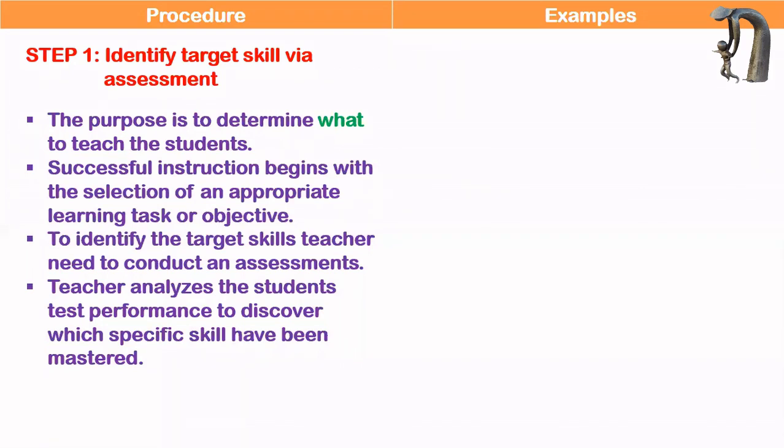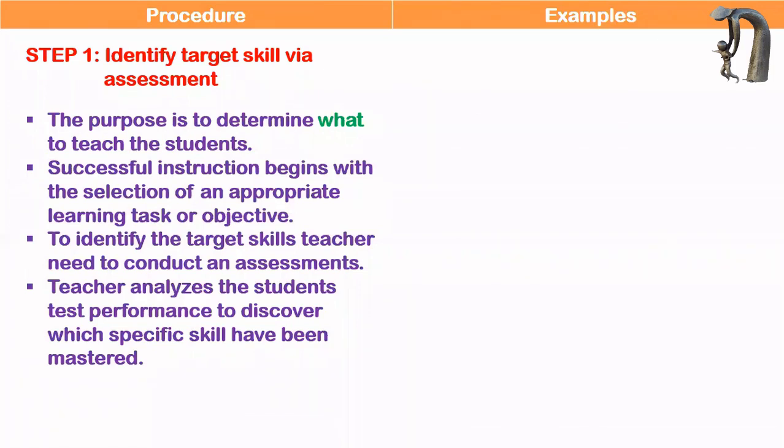So the teacher must analyze the student's test performance to discover which specific skills have been mastered or not. It's not only the subject teacher, it's also the special educator, who need to understand in collaboration with the subject teacher what to teach the student. That is very, very important.